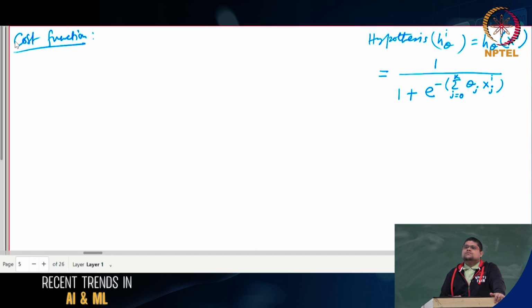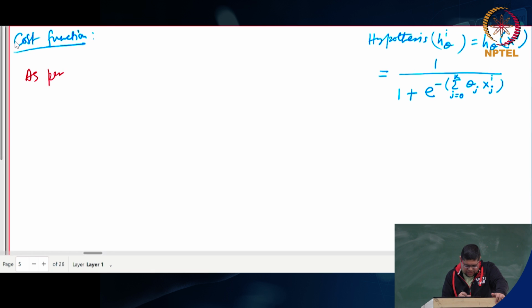Okay, so here we are taking some convention from linear regression. So say as per linear regression, although I have not taught, I believe last day it was taught very clearly.